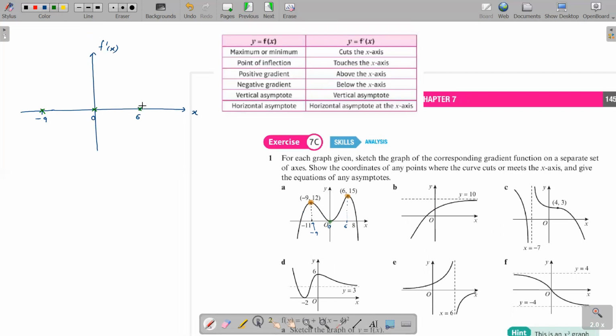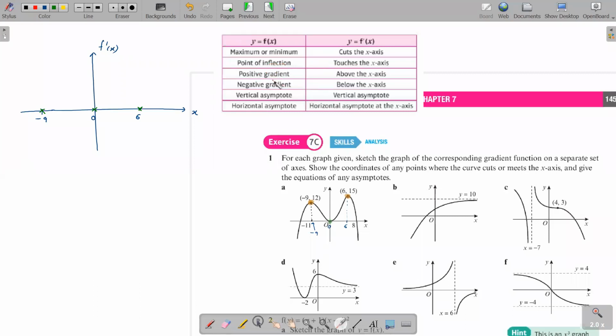So these are the three places where the f'(x) graph cuts the x-axis. Use this rule: the maximum or minimum points are the places where you cut the x-axis.